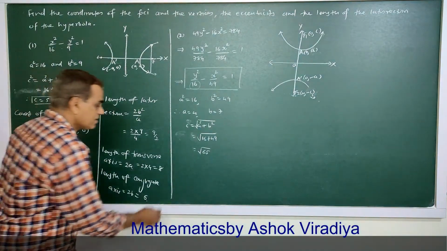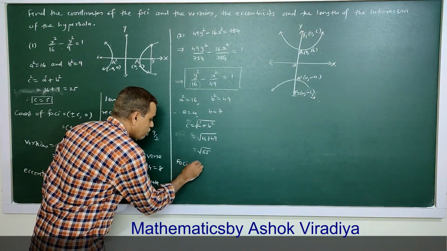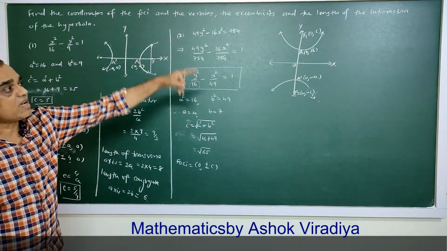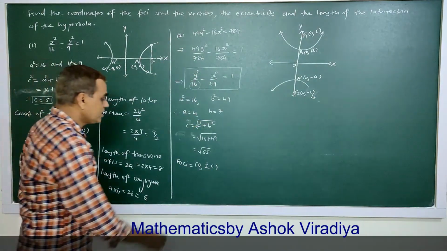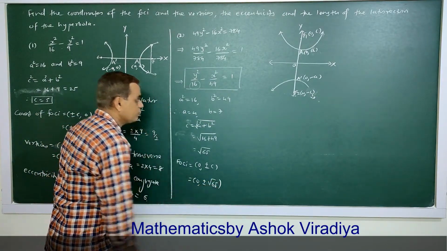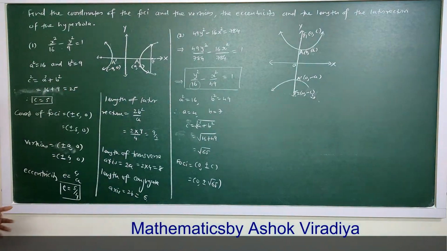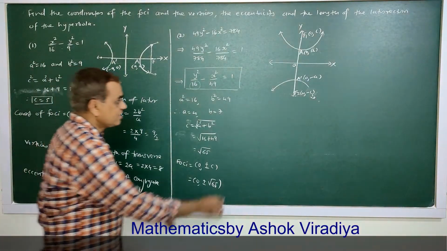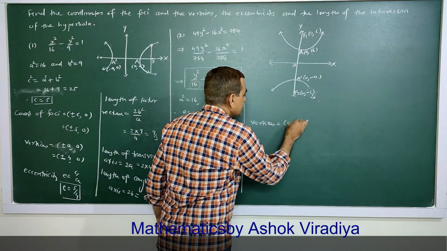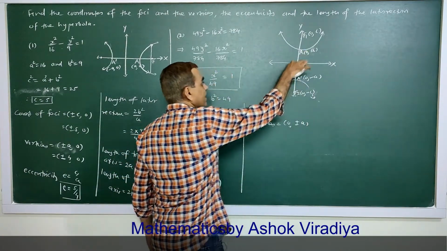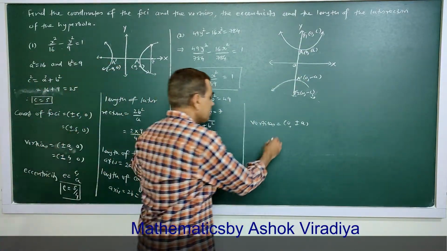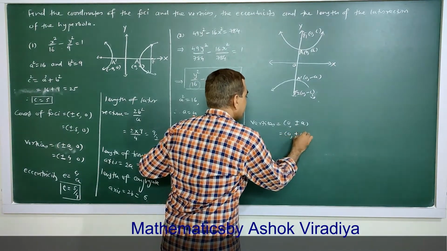So foci are (0, plus minus C), because transverse axis lies along y axis. So (0, plus minus root 65). So that is foci. Vertices here are (0, plus minus A). A is 4, so (0, plus minus 4).